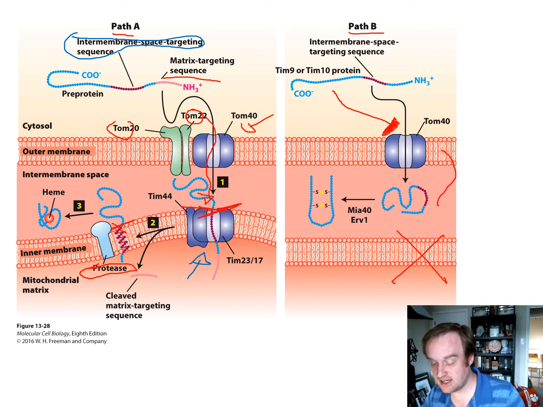Instead there are these two enzymes, MIA40 and ERV1. What they do is help to chaperone and fold that protein and form the disulfide bonds responsible for a functional protein.